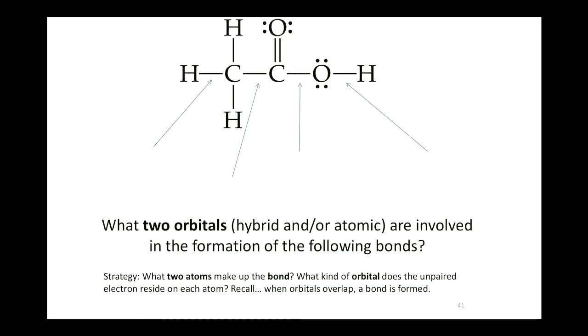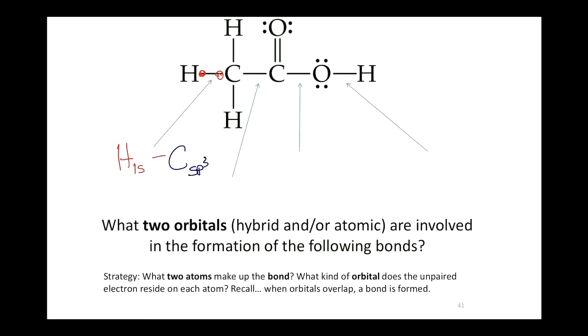Do we remember what the hybridization of this carbon was? sp3. So that's where the unpaired electron is on that carbon to form that bond. Where is the unpaired electron on this hydrogen atom? Let me draw all those electrons. What orbital is that electron in? An s orbital. So hydrogen, 1s.